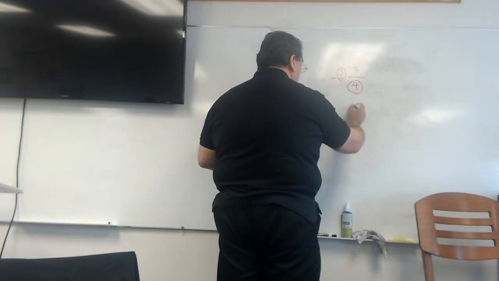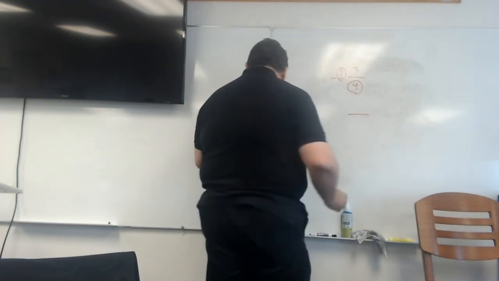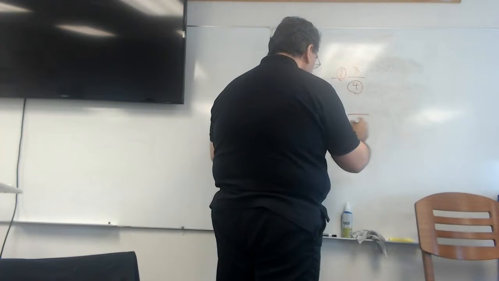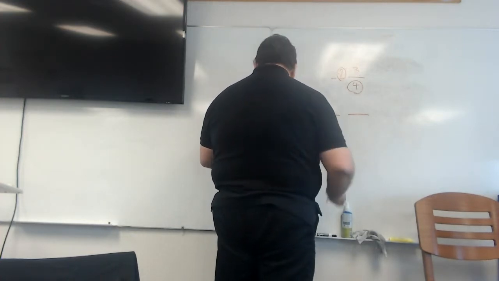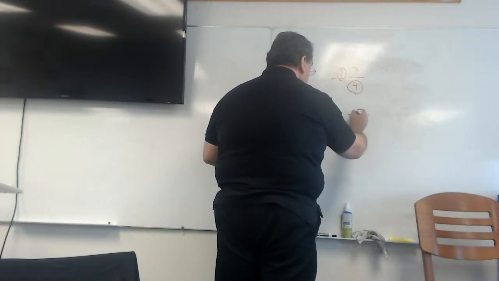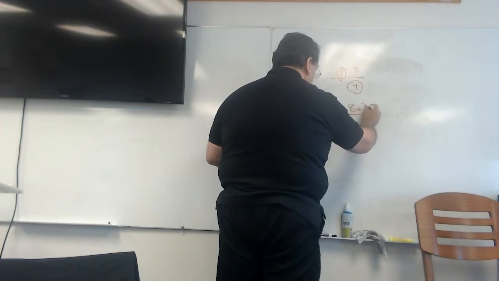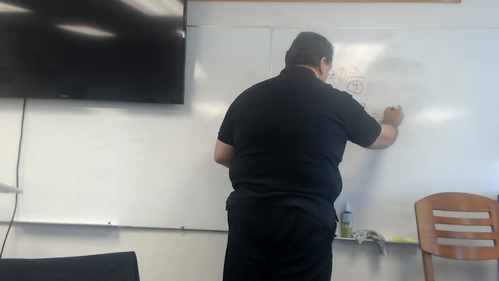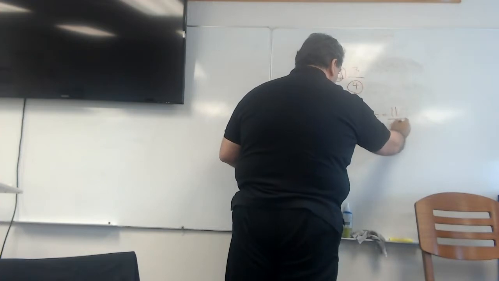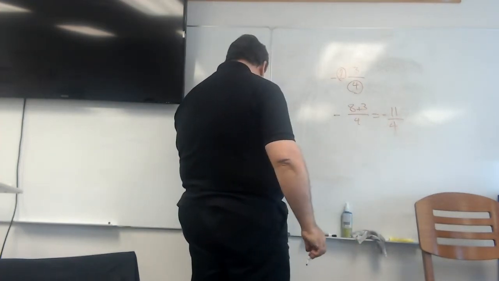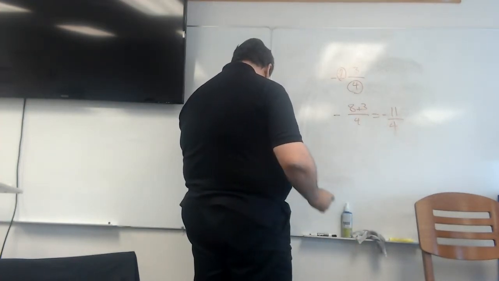But remember, you have a negative sign. That negative sign remains here, don't worry about it. 4 times 2 is 8, you add 3. So the answer is -11 over 4. Okay?